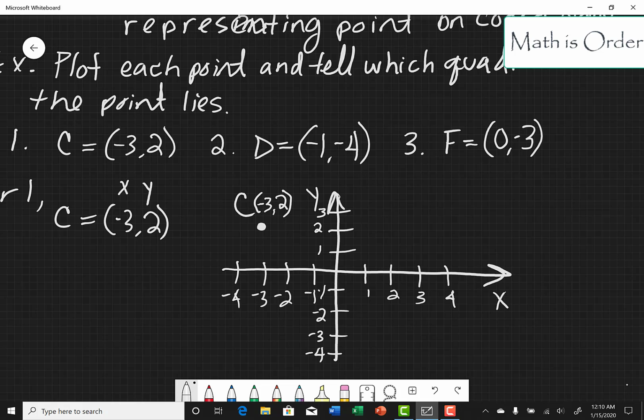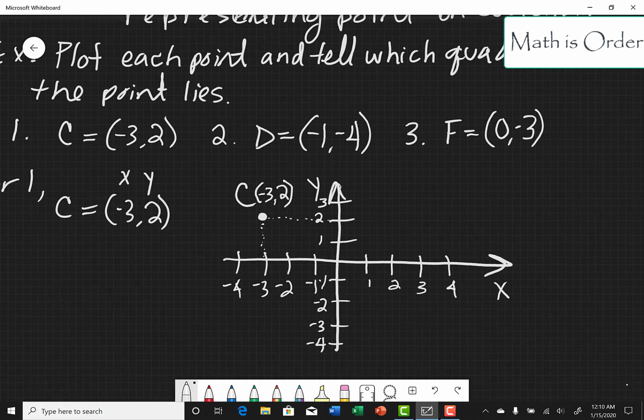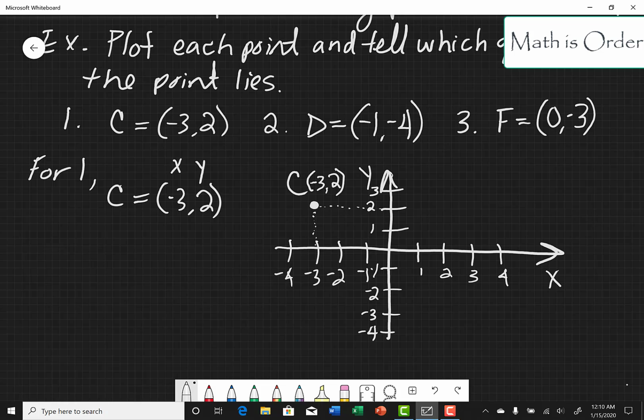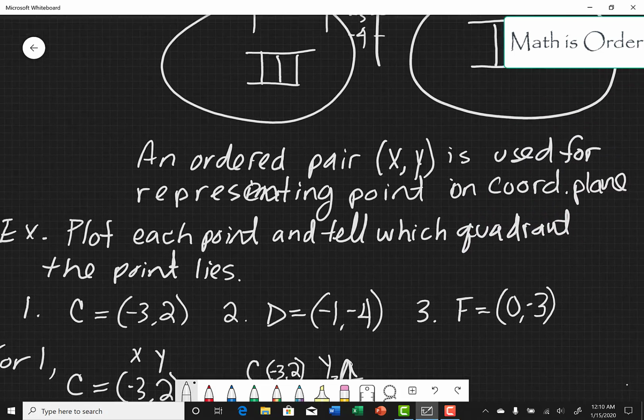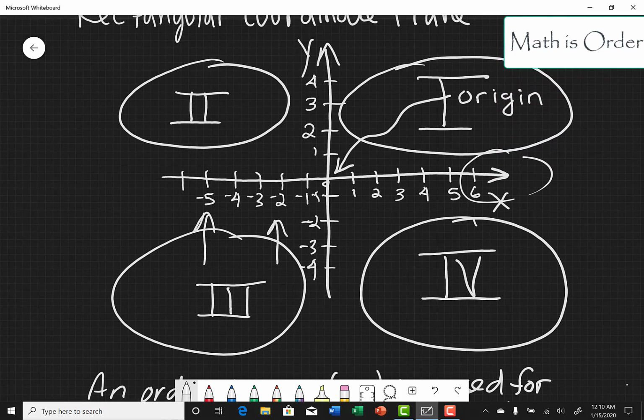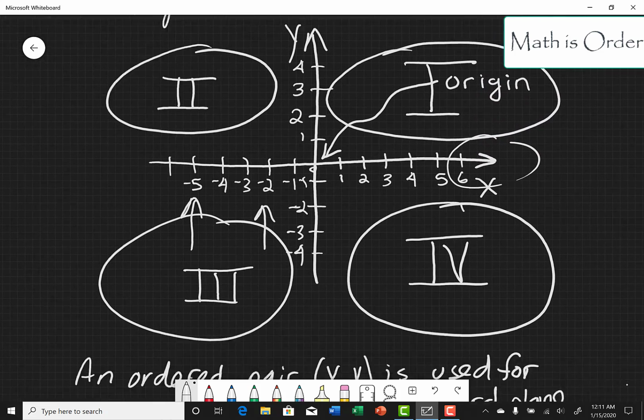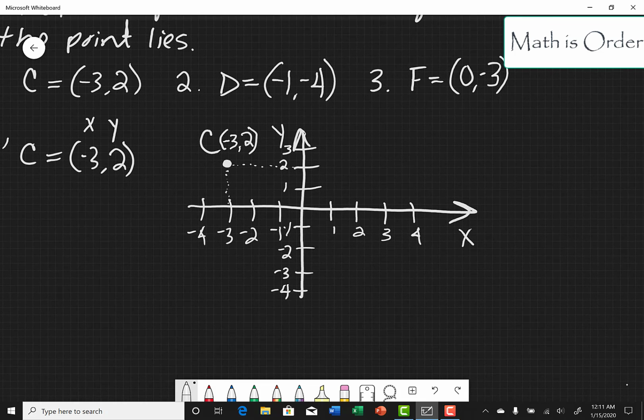So it is very clear where C is located. You can also extend little dotted lines to the horizontal and vertical axes to make it even more clear where C is located. Now which quadrant does C lie in? We go back up and we see that C looks to be in quadrant 2. So we'd say C is in quadrant 2.